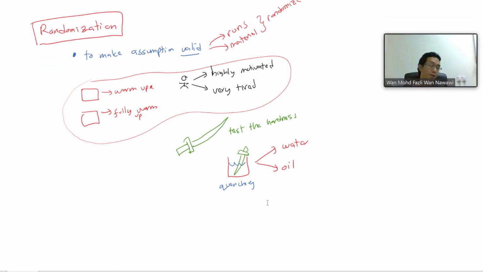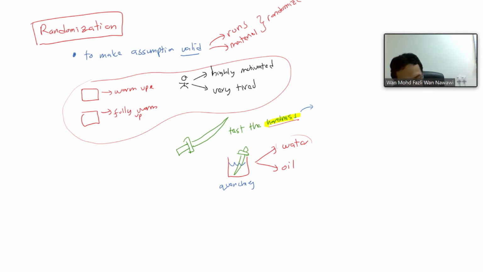So if for all the experiments for the water, you use the thicker sword. For example, let's say the hardness here is a function of thickness. It's not just the hardness.